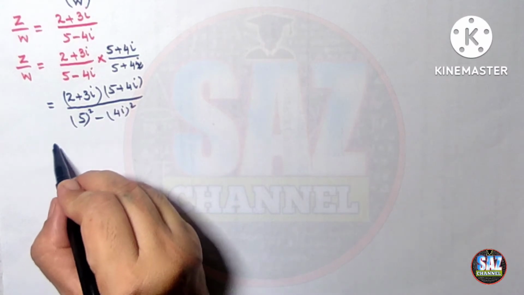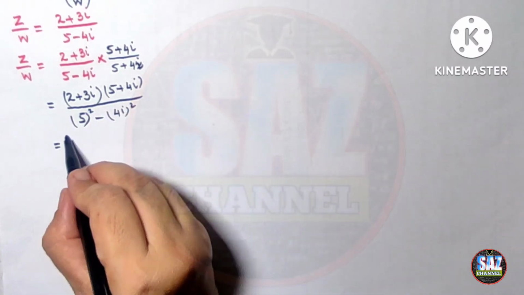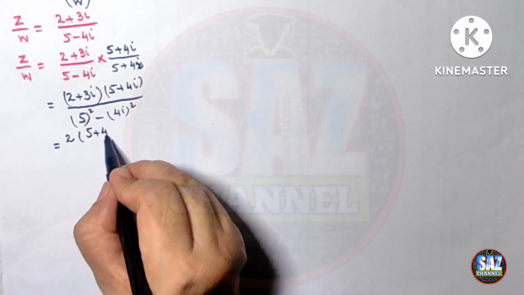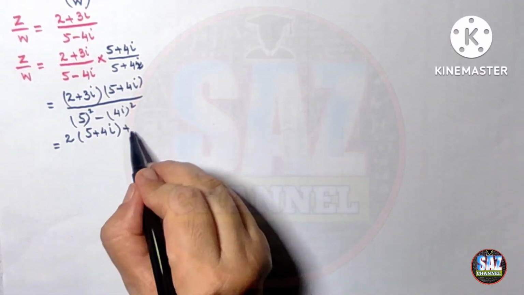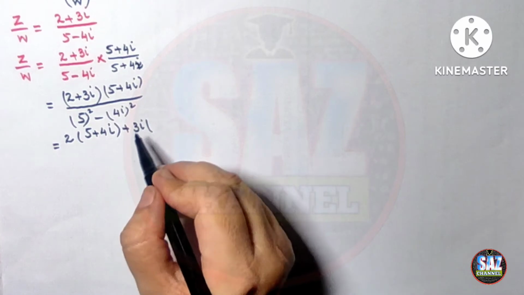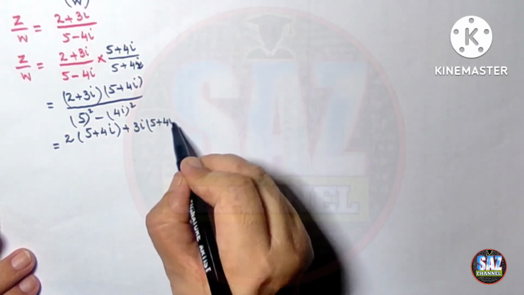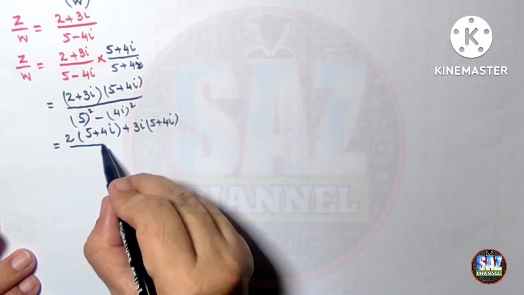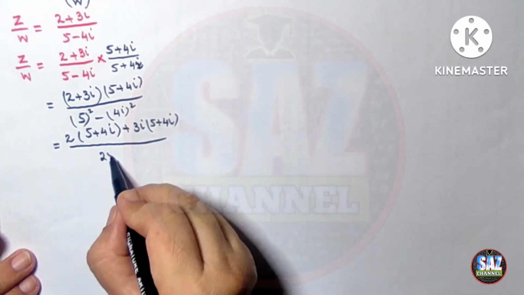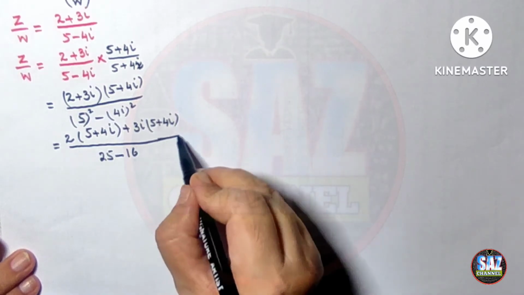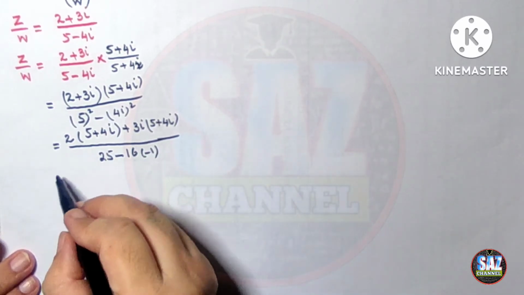Now we have to simplify the numerator first: 2 plus 3 iota into 5 plus 4 iota. In the denominator, the difference between two squares gives 25 minus 16 into minus 1.